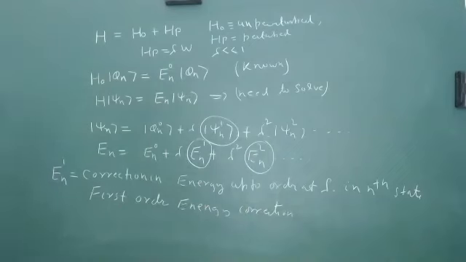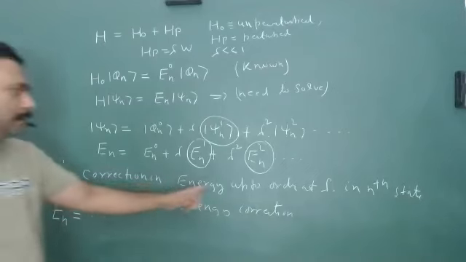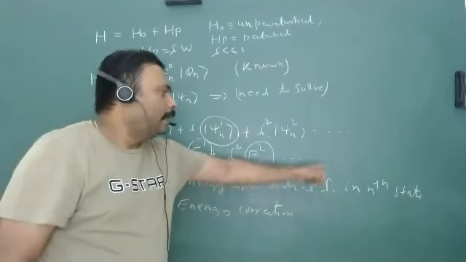So similarly, can anybody tell me what will be En2? What will we call En2? Second order energy correction. First tell me, what will we call the upper one? Correction in energy up to order of lambda square.